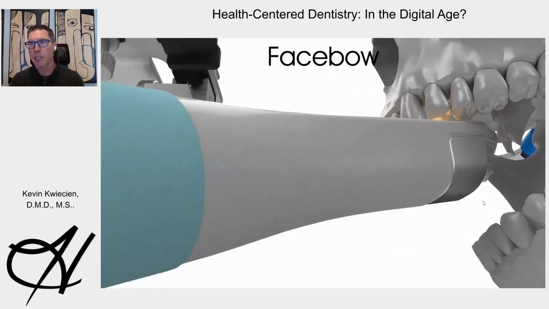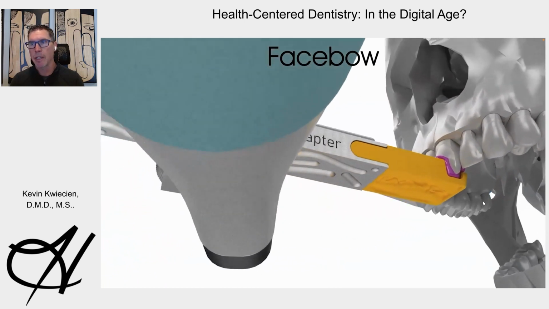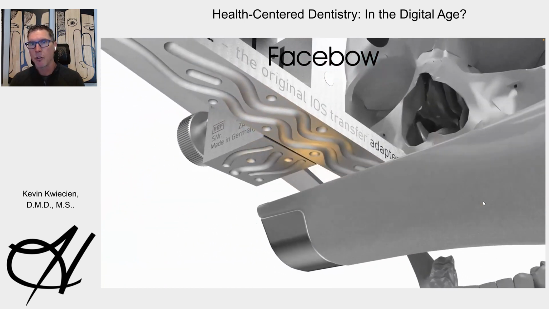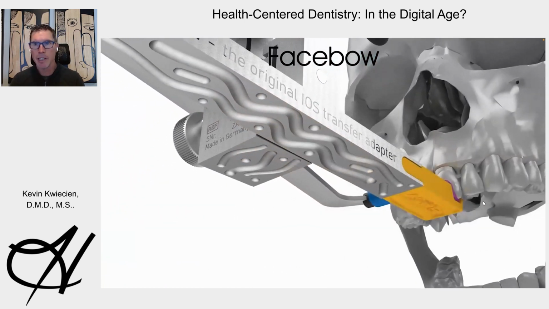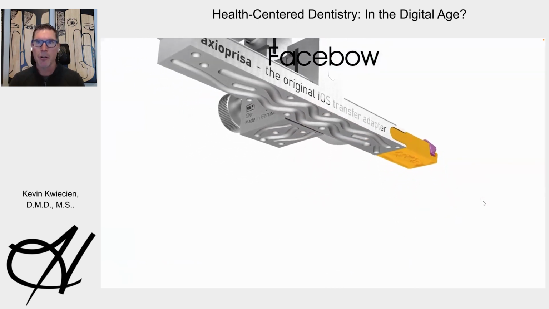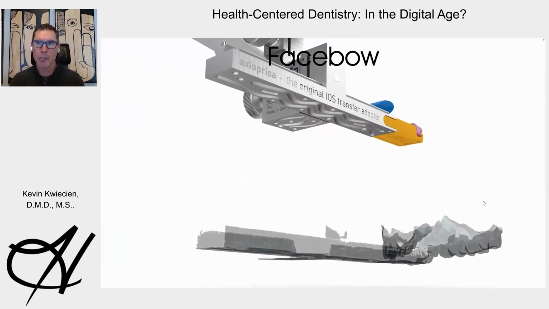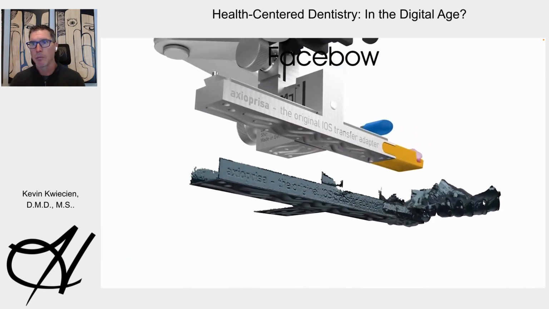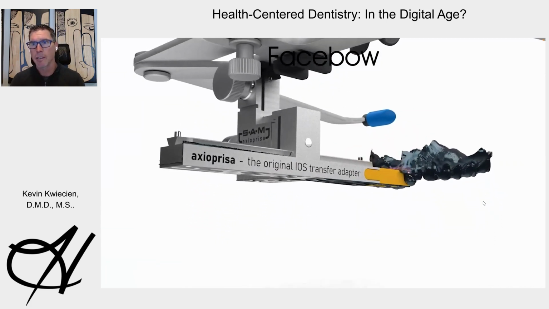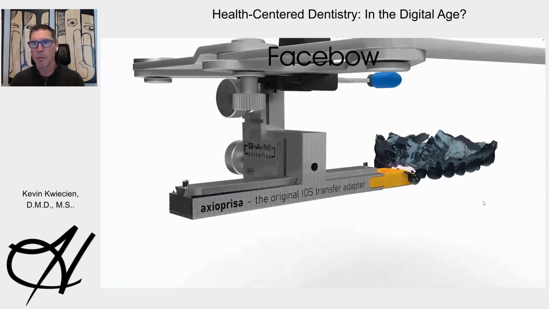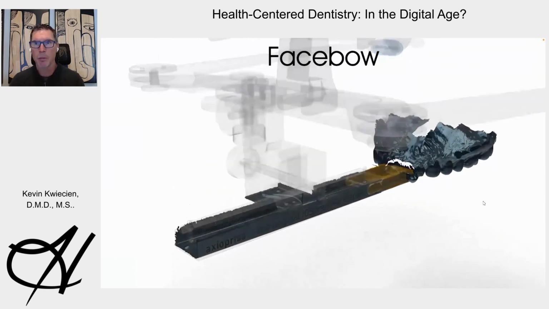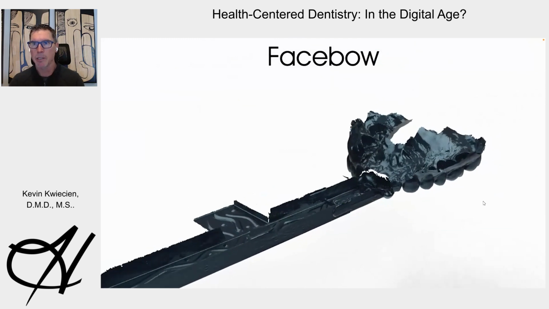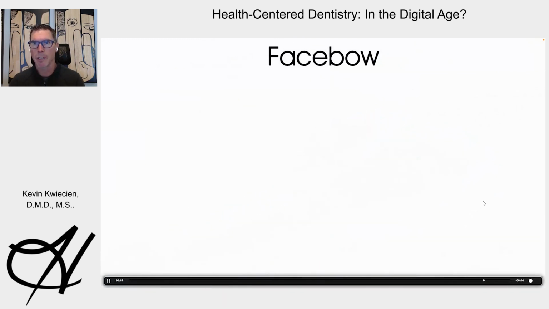And now the patient has this easy to put in ear bow, and you see the data points on the underside of this. And so now you're connecting the data points on the underside of this more analog face bow, but it's very easy to use. And now you basically have the digital information of where that upper arch fits in space for your virtual articulator.